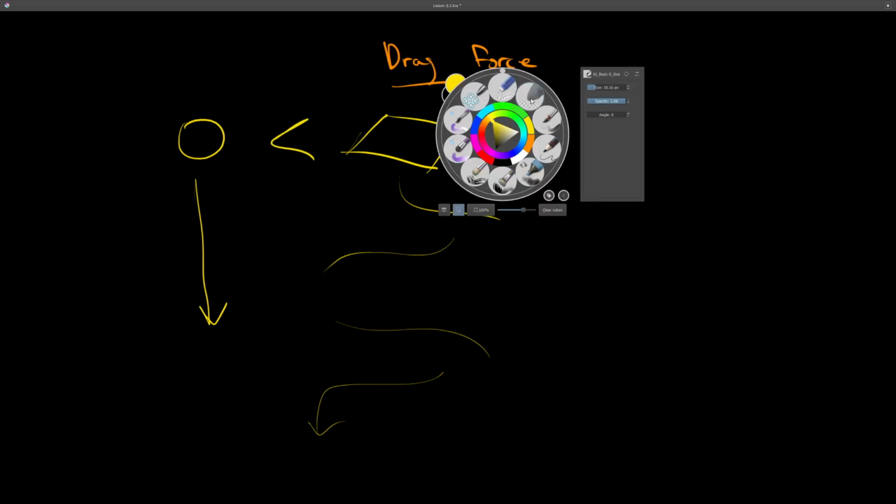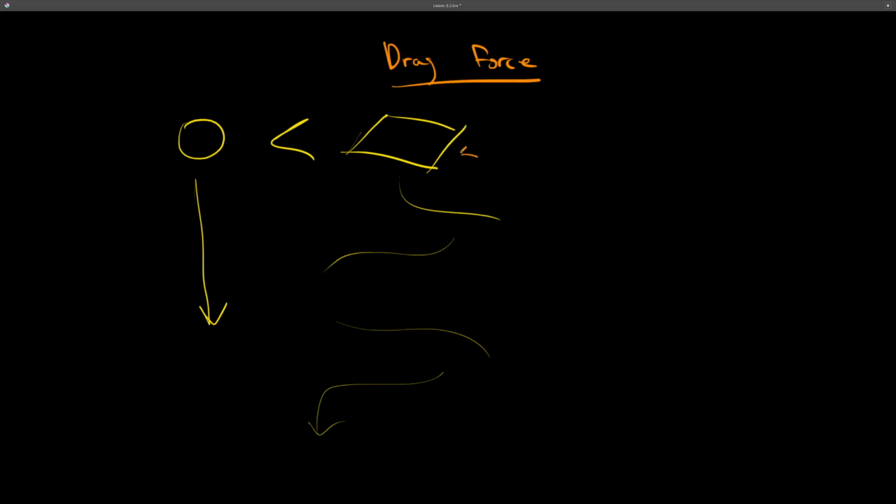Now, why is it greater? Because the paper has a greater surface area. And drag force increases with the increase of surface area.